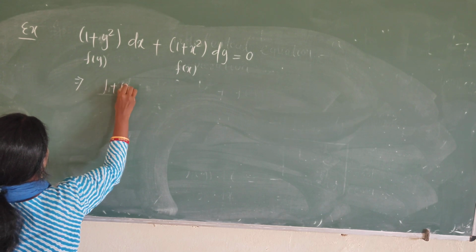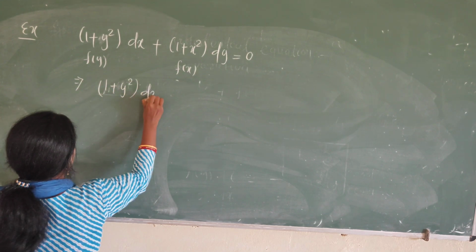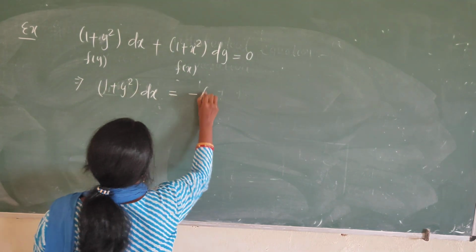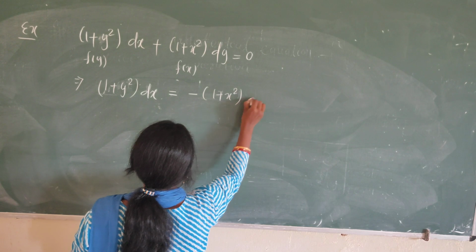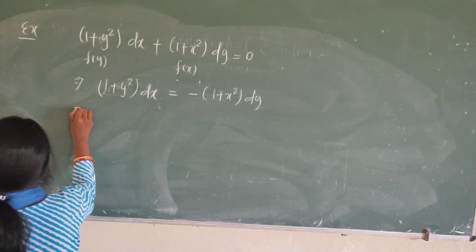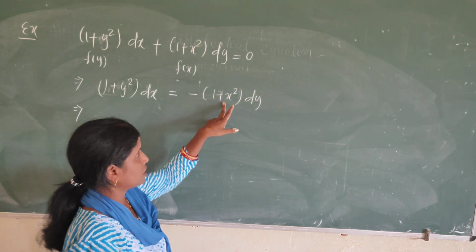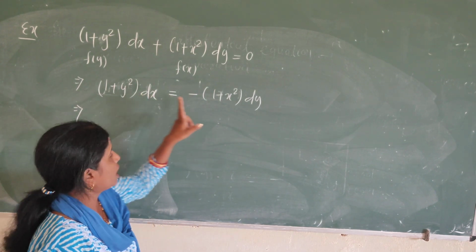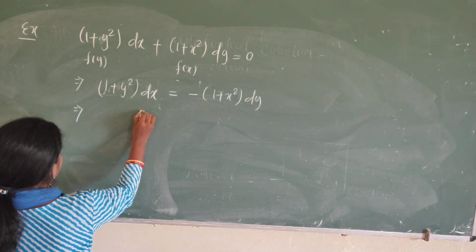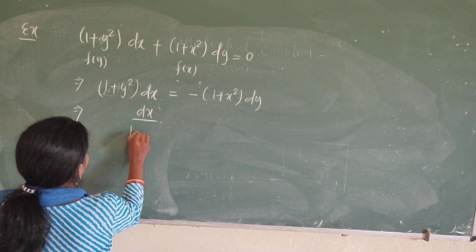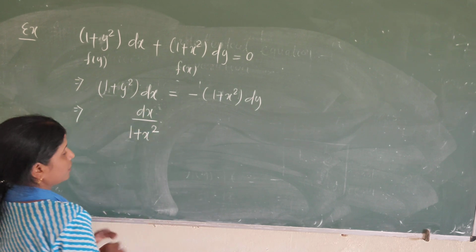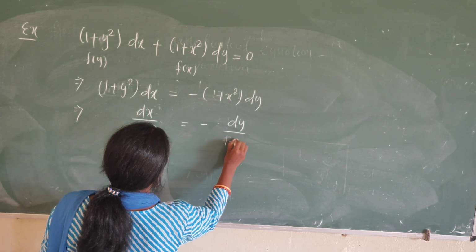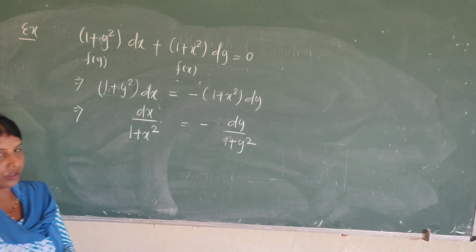First 1 plus y square dx, first we take it another side, minus 1 plus x square dy. Then we have to take 1 plus x square to our left side and 1 plus y square to our right side. Then dx by 1 plus x square equal to minus dy by 1 plus y square.